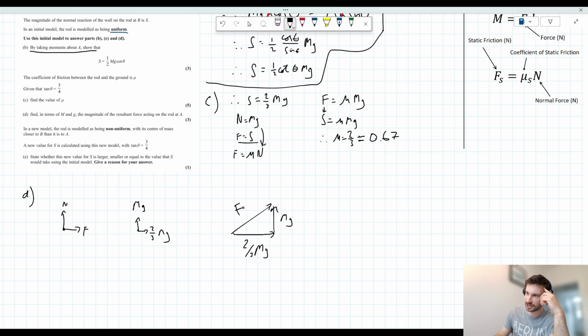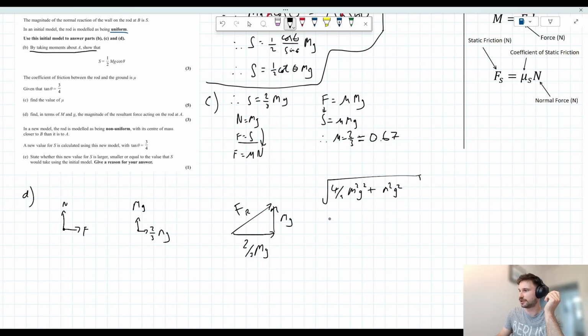We're being asked to determine the resultant force here, which shouldn't be a shock. We can solve this using Pythagoras' theorem, which is going to look something like this. So we'll take the square of 2/3 mg, which we could write as 4/9 of m squared g squared, plus the square of this, which is also going to be m squared g squared.